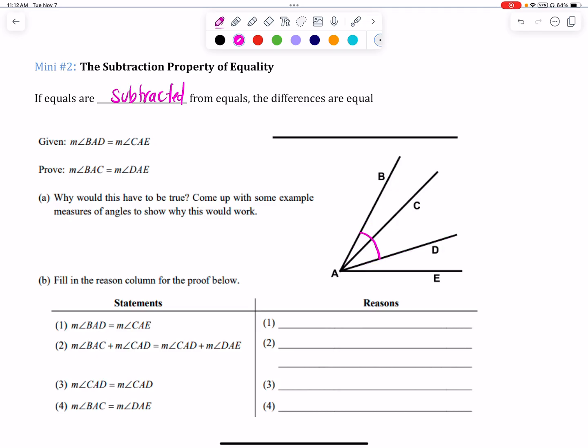I like that method. Is equal to measure CAE, which is this arc. Prove that BAC is equal to DAE.